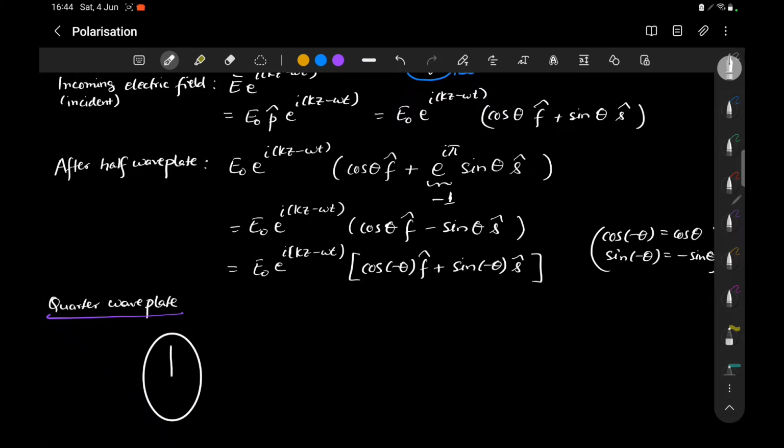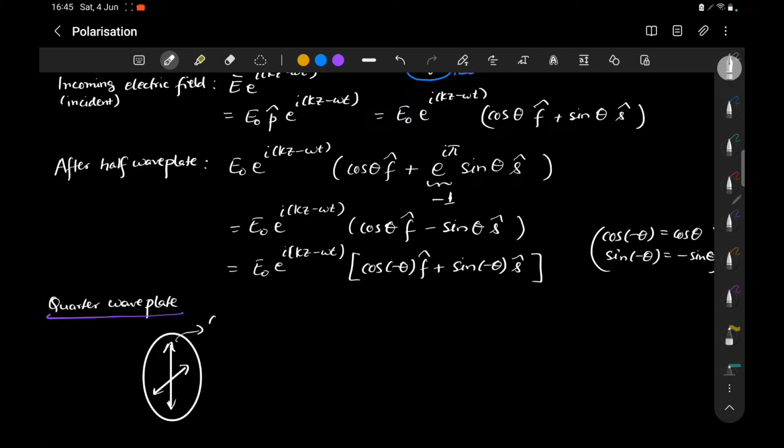Again, it will have a fast axis, and perpendicular to the fast axis we will have the slow axis.